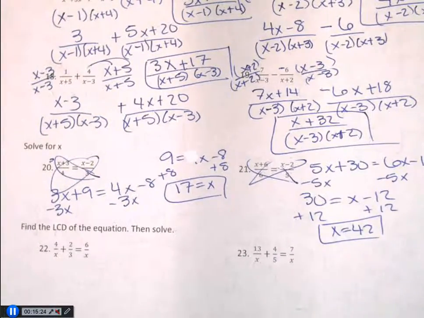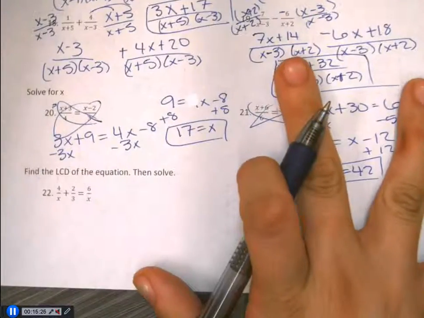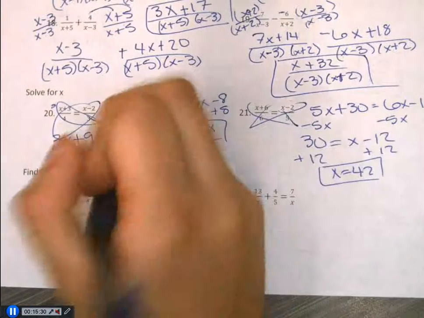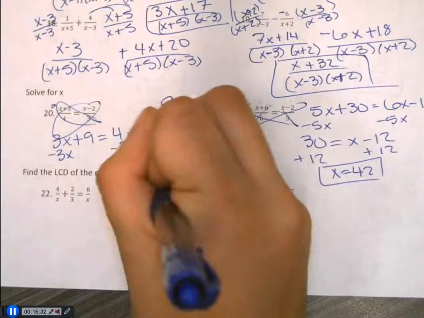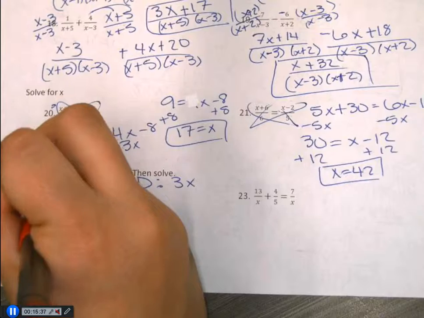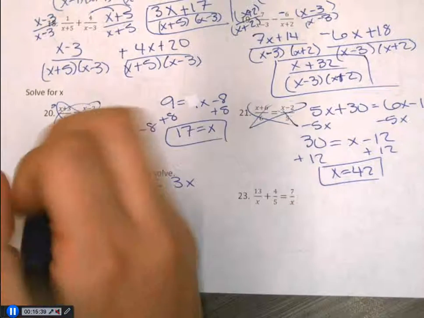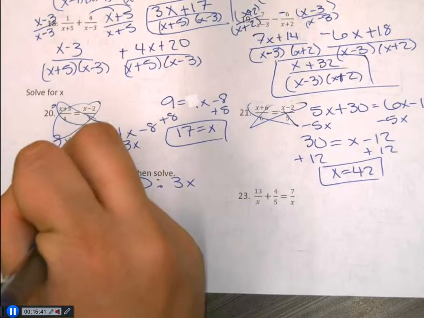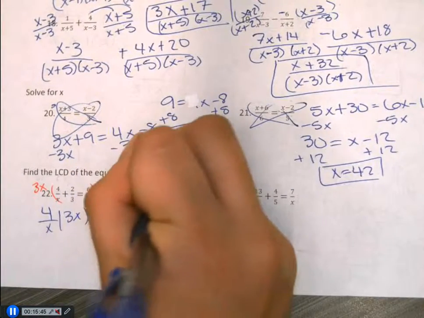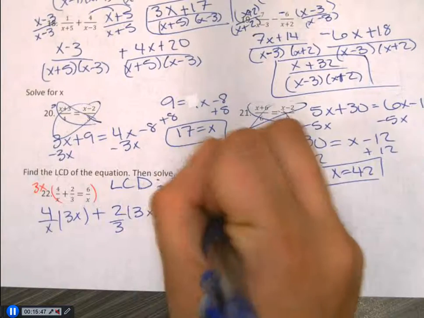On 22 and 23, it wants me to find the LCD and then solve the equation. So to find the LCD, I take the number and the variable. So my LCD here is 3x. And then I'm going to multiply everything by 3x. So I would write this as 4x times 3x plus 2/3 times 3x equals 6 over x times 3x.